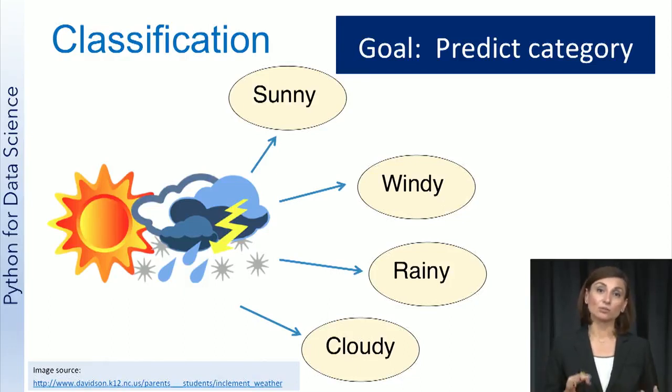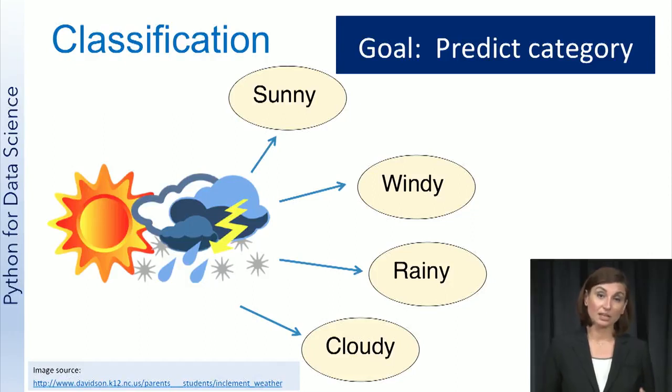The categories to be predicted are called classifications.